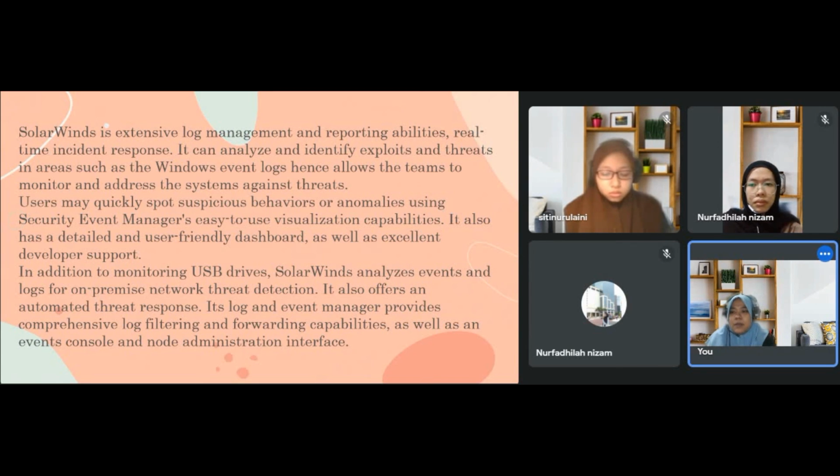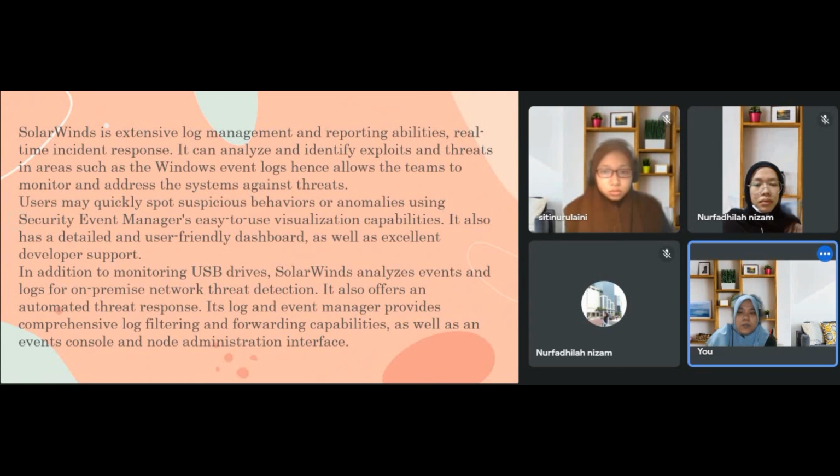The IT department may quickly spot suspicious behavior or anomalies using Security Event Manager's easy to use visualization capabilities. It also has a detailed and user-friendly dashboard as well as excellent developer support. In addition to monitoring USB drives, SolarWinds analyzes events and logs for on-premise network threat detection.